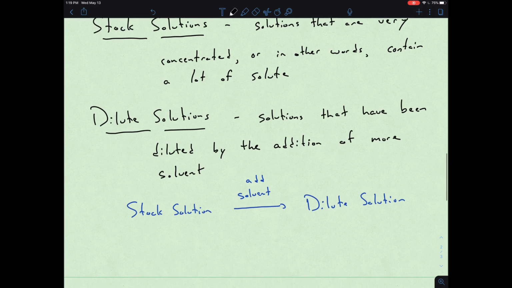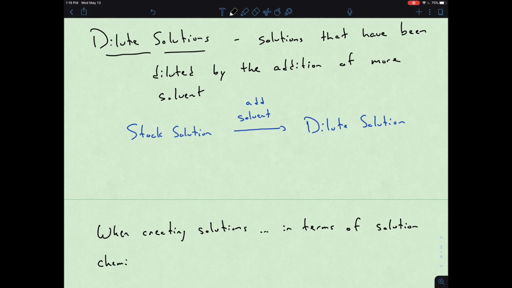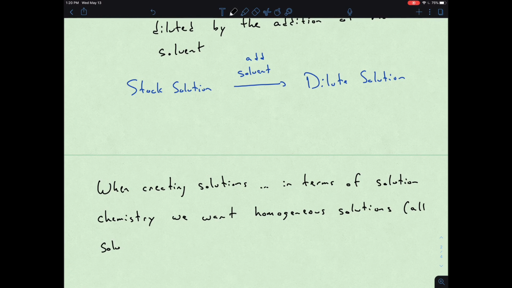When creating solutions, and in terms of solution chemistry, we want homogeneous solutions where all the solute is dissolved.